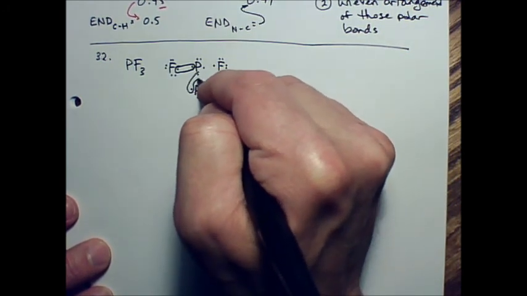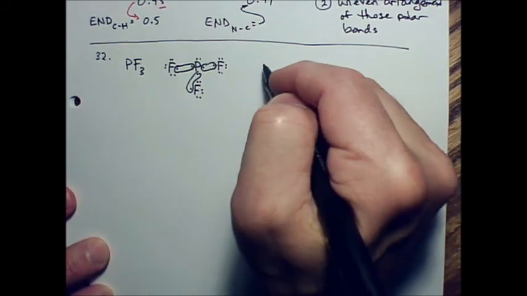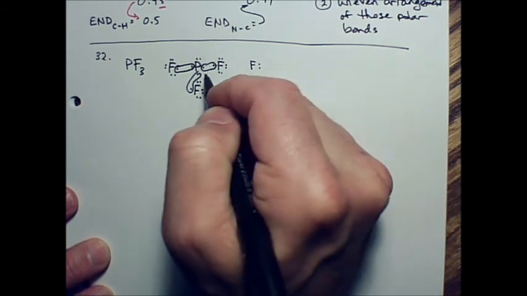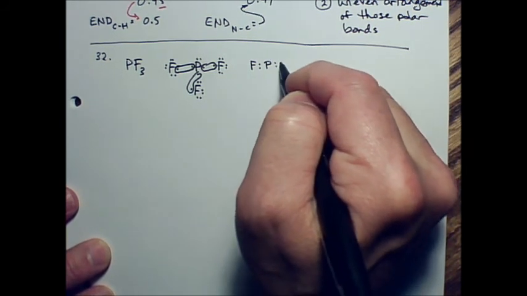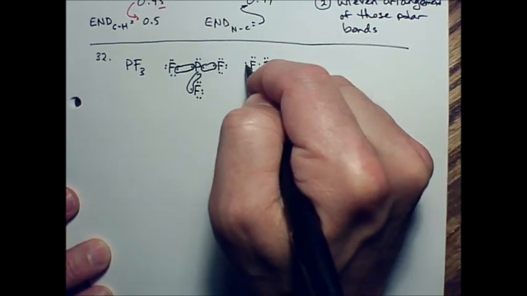So we're going to share electrons until all of them have 8, and that will do it. Then we're going to go to the Lewis dot formula, where the shared electrons are squeezed up between the element symbols, and then we put our electron dots around that.